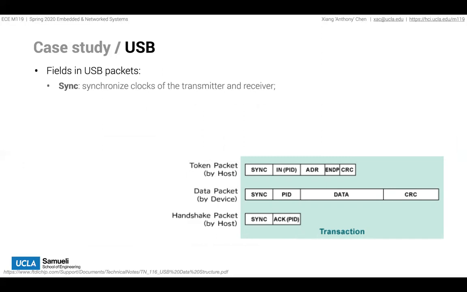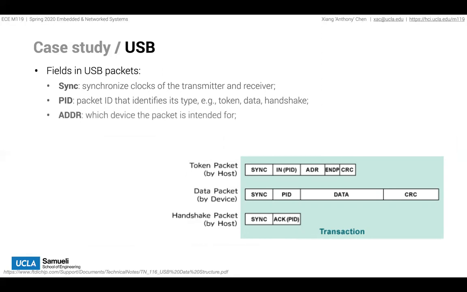Sync is a way of synchronizing clocks between transmitter and receiver. PID is simply the identification information. And then if you need addressing, that means you are writing the data to a certain register, or cache, or memory position, then you need to provide the address.